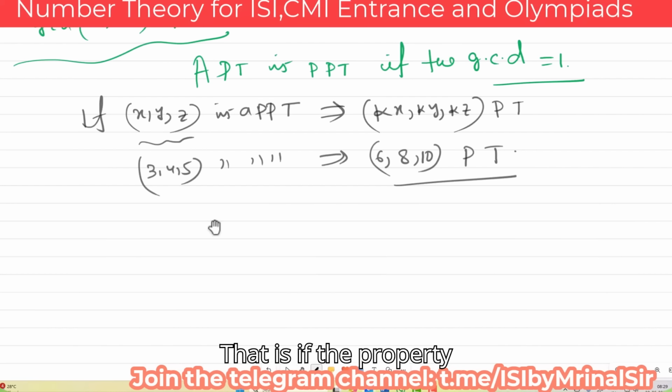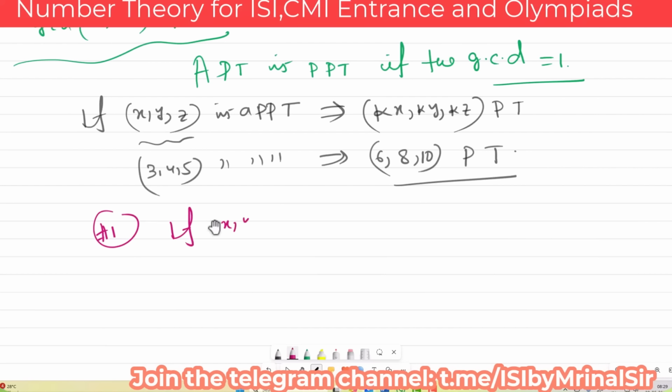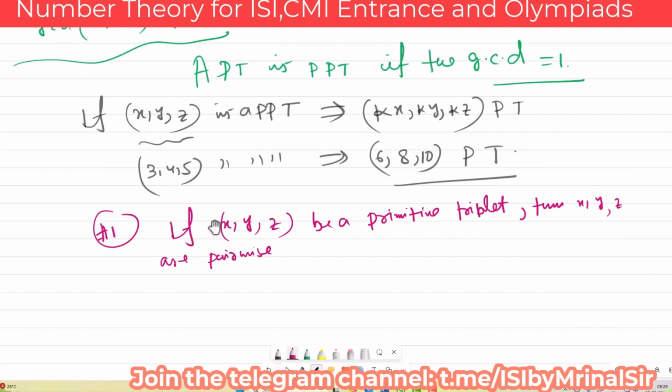Property 1: if x, y, z is a primitive triplet, then x, y, z are pairwise prime to each other.